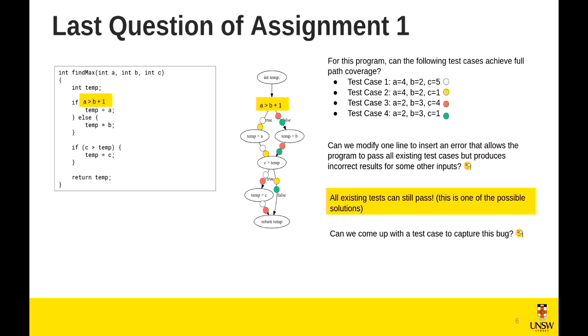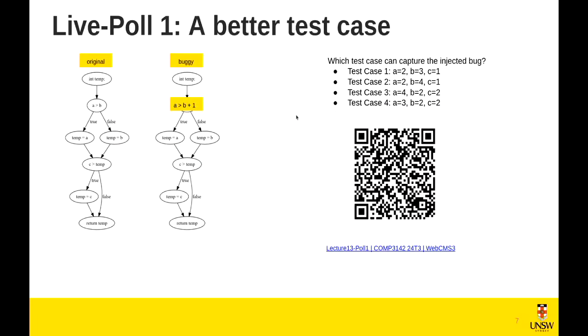The question here is beyond these assignment questions: can we come up with a test case to capture the injected bug? One of them can capture this bug. Let's do a live poll and see if you can identify which test case can uncover this change.